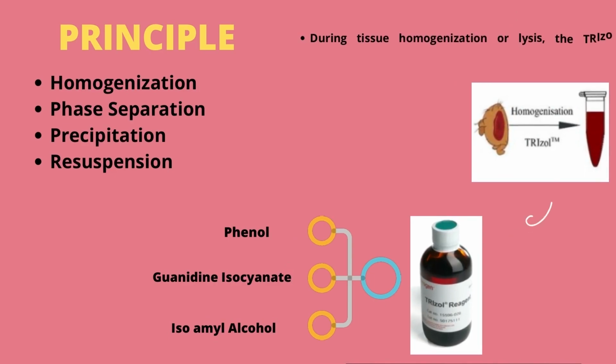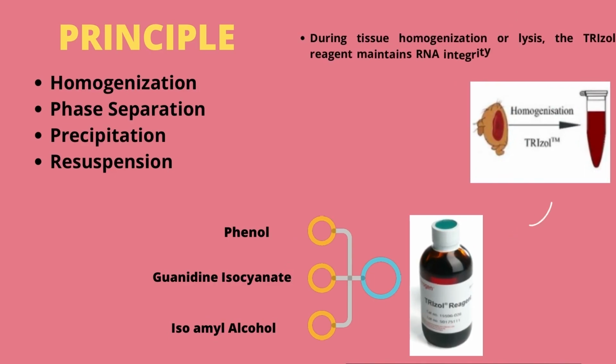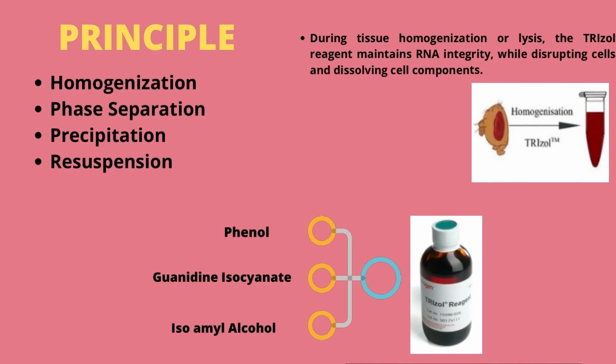Principle. The principle has three main steps, which include homogenization, phase separation, and precipitation. The first step is homogenization.